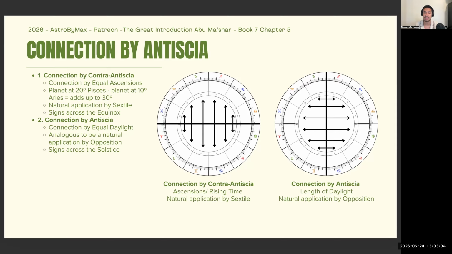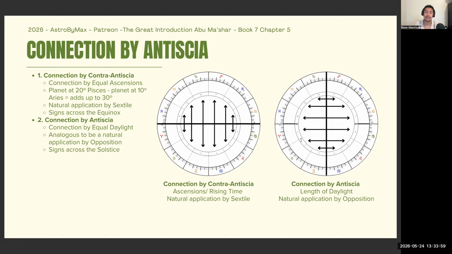So the signs, for example, Pisces and Aries, will have the same rate of ascension. Aquarius and Taurus have the same rate of ascension. Gemini and Capricorn have the same rate of ascension. And so this is said to be a natural application by sextile. And so these are signs that have some agreement and some friendship because they are reflecting across the equinox.